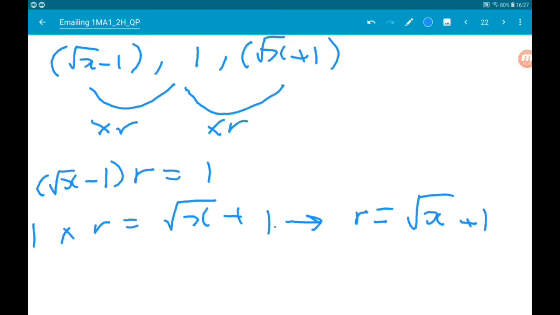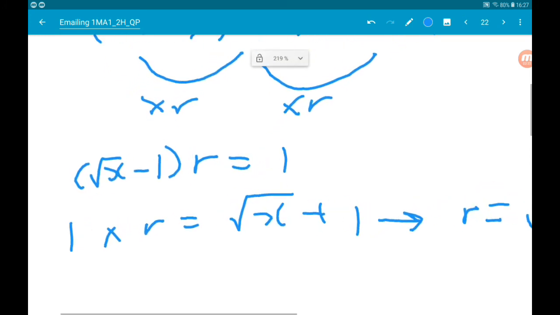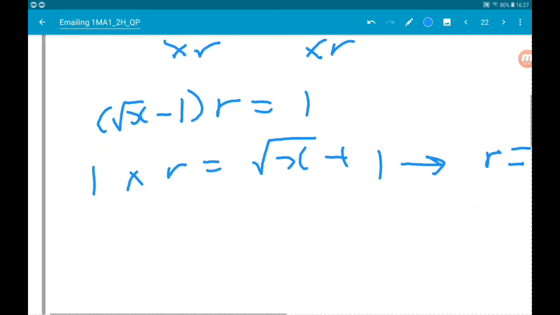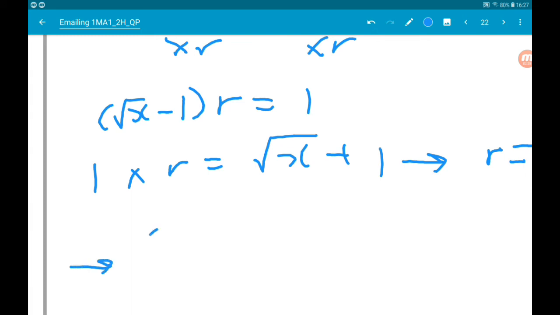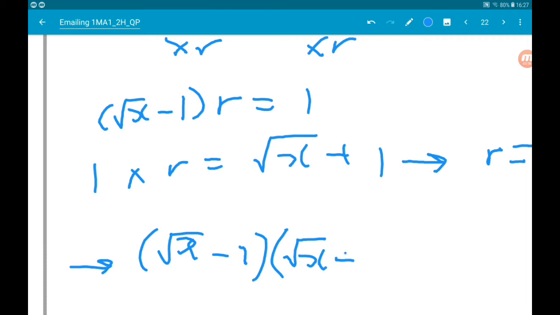So now the above becomes useful. We now know that root x minus 1 times root x add 1 is equal to 1. So where that's come from is that line, because we now know that R is root x add 1.